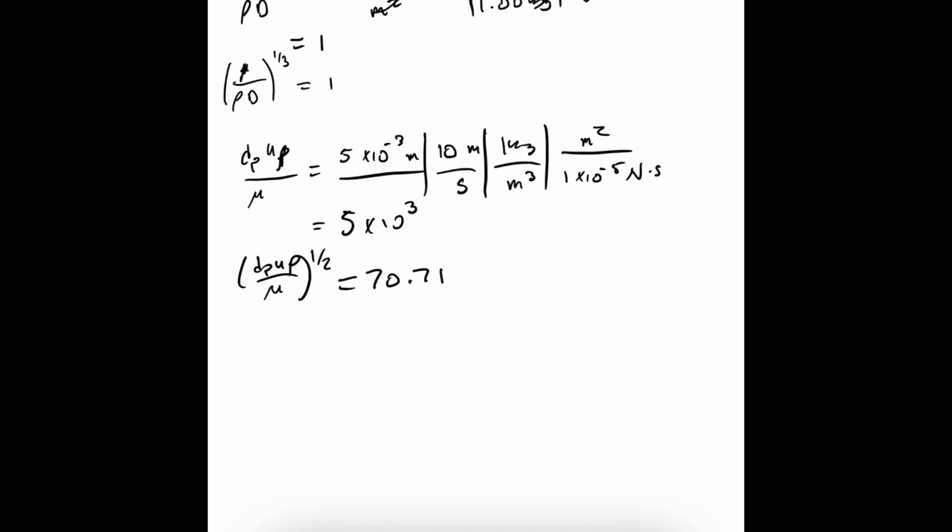So now we know that kg dp over D equals 2 plus 0.6 times 1 times 70.71. And get out our calculators again, and this equals 44.4.